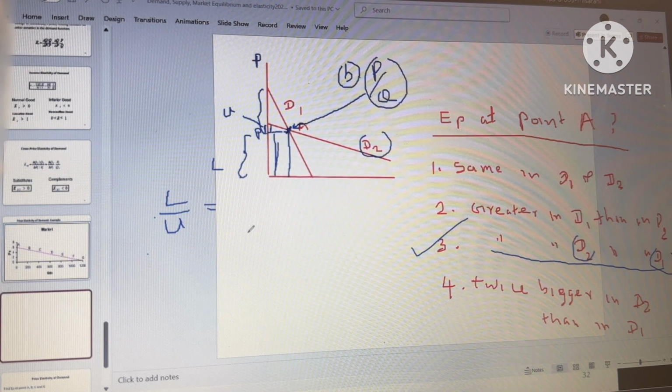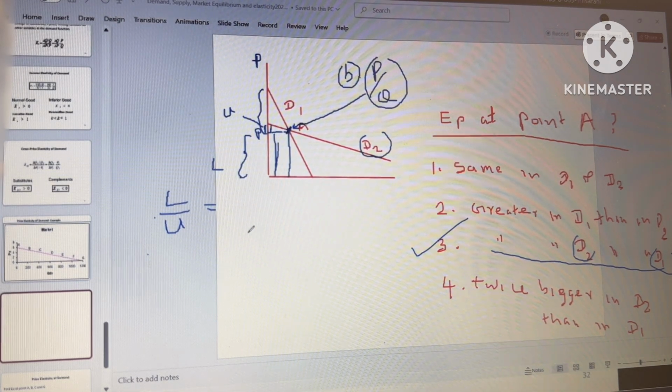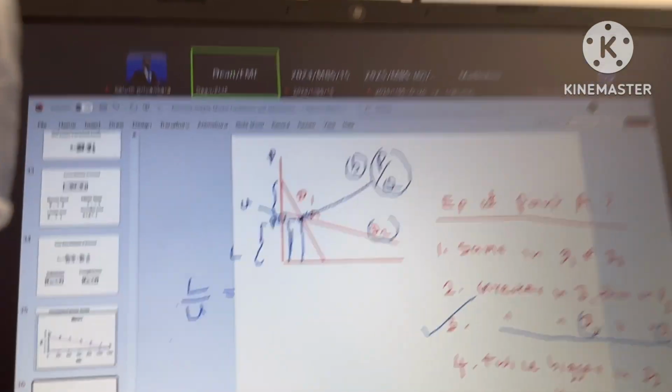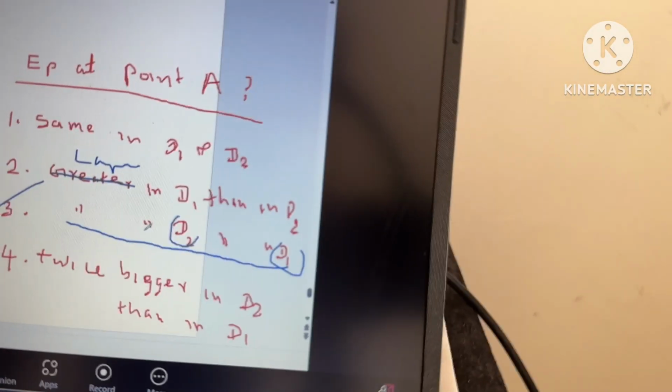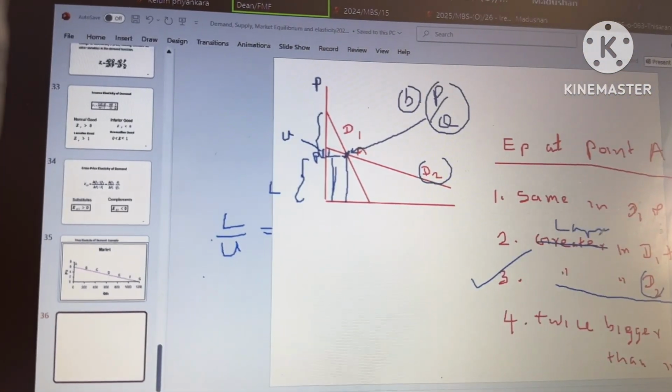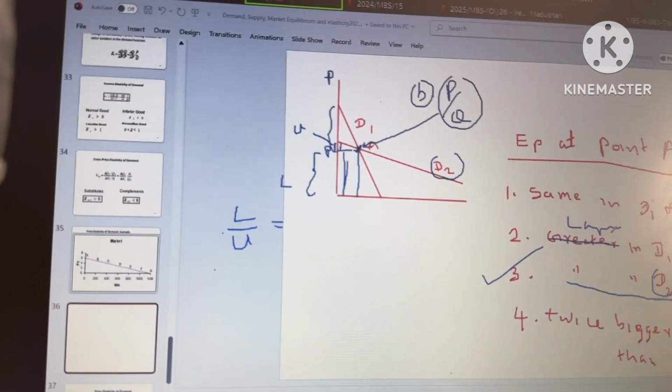Then definitely you will get a small value. If you don't like this word, you put larger value or smaller value. Okay, is that clear?